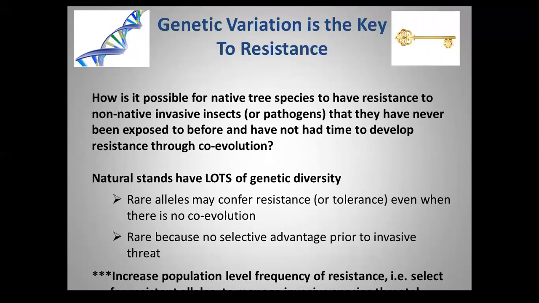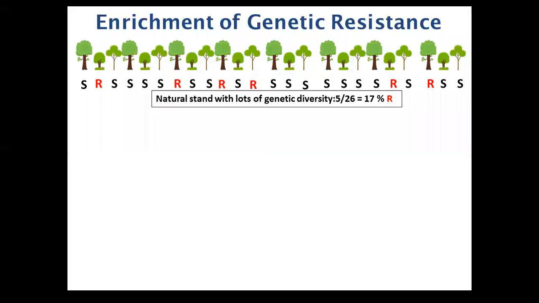And these are going to be rare because there's no selective advantage that would make them represented more frequently in the population because the invasive has not yet arrived. So the key is actually to increase population level frequency of resistance to manage the invasive species threat.